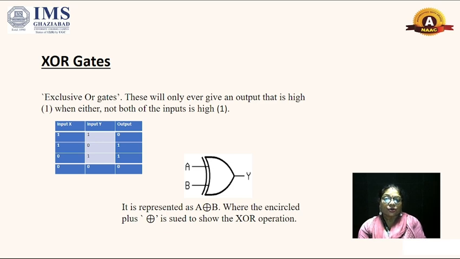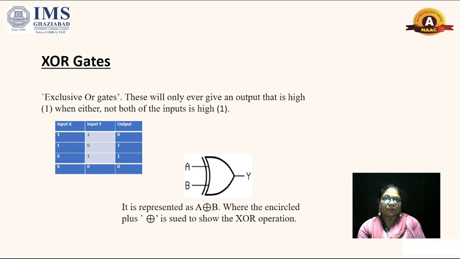Last gate is XOR gate. That is also represented as exclusive OR gate. This will only give an output that is high when either, but not both, of the inputs is high. That means when the inputs are opposite, one is 1, another is 0, then we will have the output as 1.